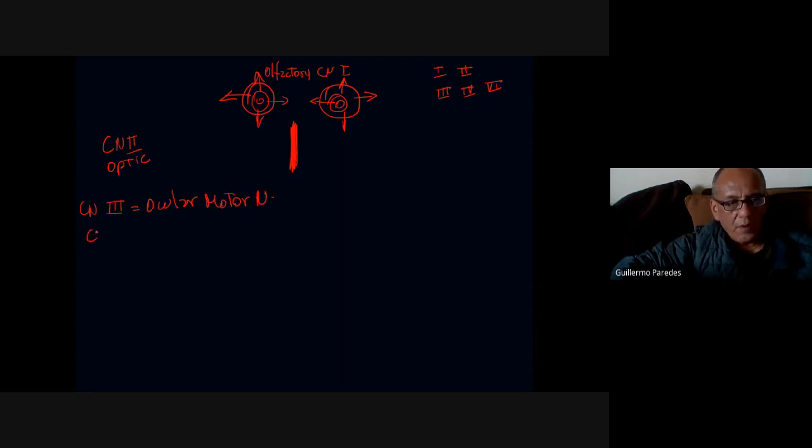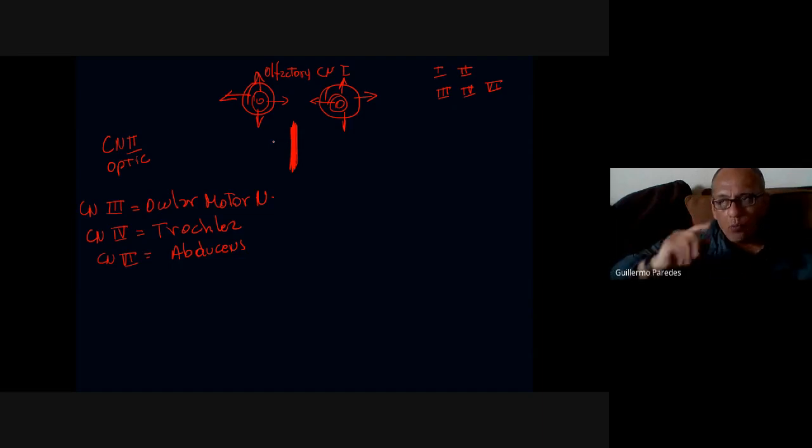Cranial nerve number 4 is the trochlear. Cranial nerve number 6 is going to be what? The abducens. So 3, 4, 6 are giving the eye movement.